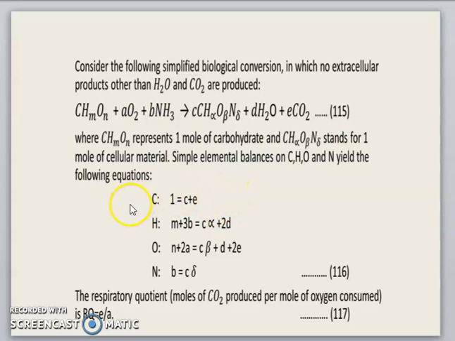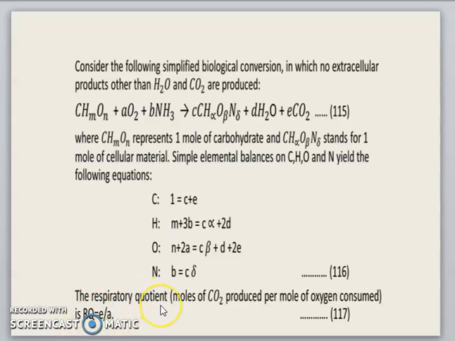Where for C, you can see from the stoichiometric, we have one C at your left side, and then it will be equivalent to the C of biomass plus E, the C in the molecule of CO2, followed by H, O and N.